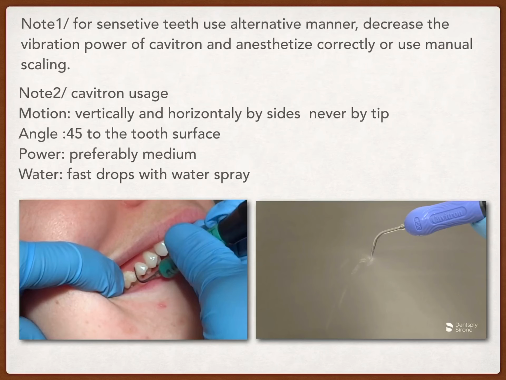And use only the side of the tip of the Cavitron, not the end of that tip. The angle is 45 degrees to the tooth surface, and the power is preferably medium.